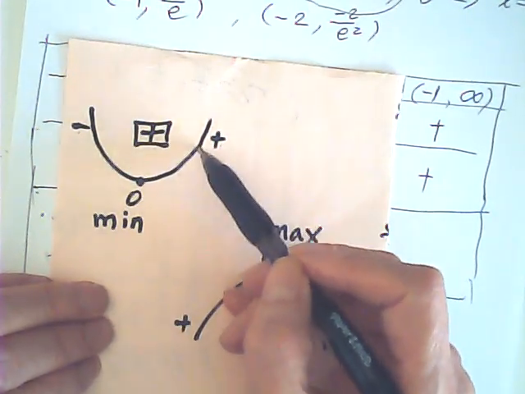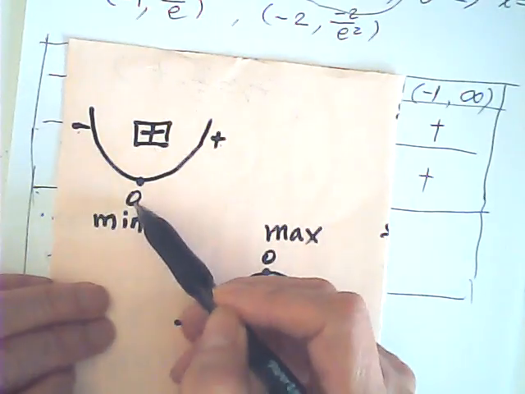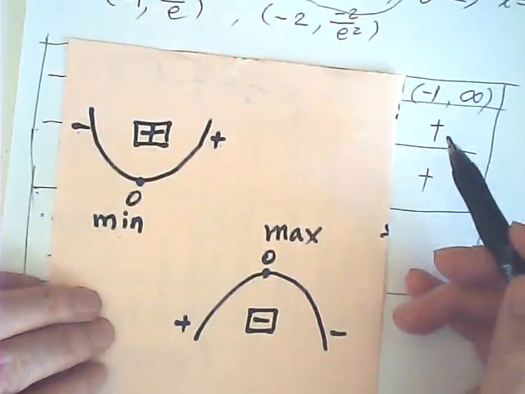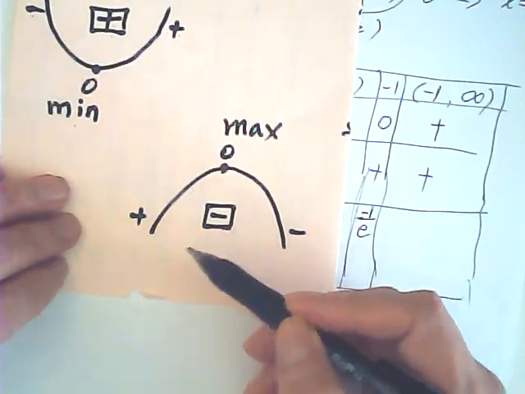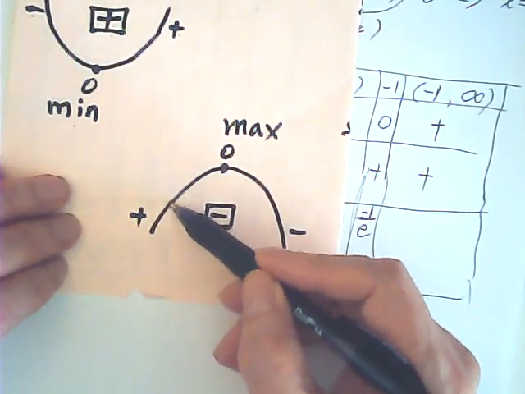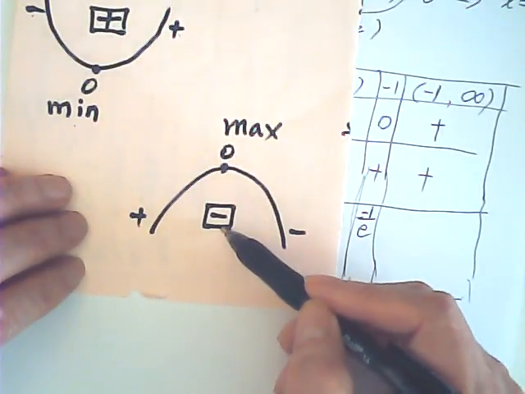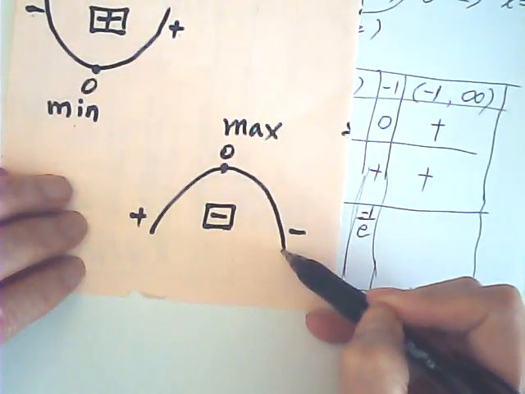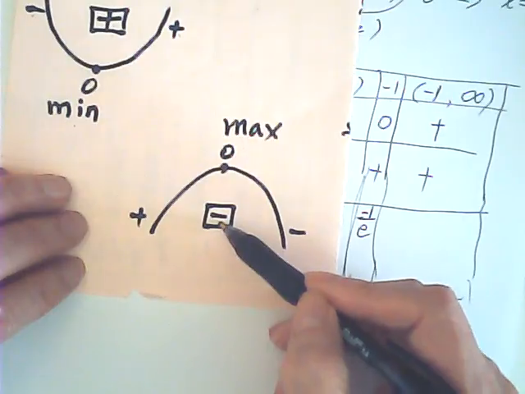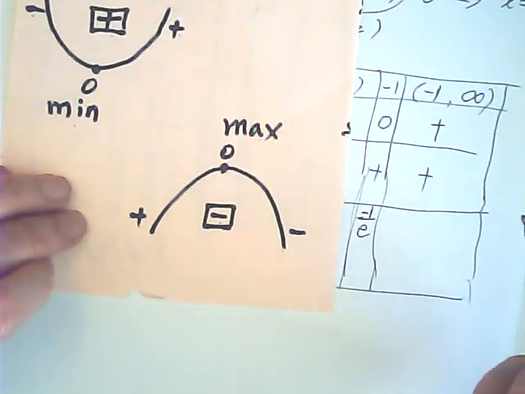Second derivative is positive, first derivative is 0, which is the minimum. Second derivative is negative, first derivative is positive, this is the shape of the curve. Second derivative is negative, first derivative is negative, that is the shape of the curve. Second derivative is negative, first derivative is 0, which is a maximum.